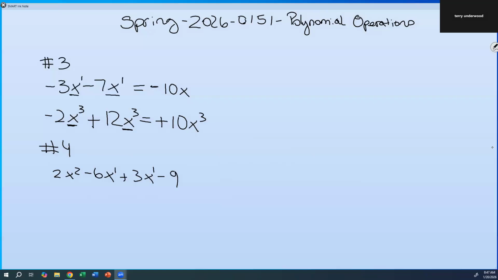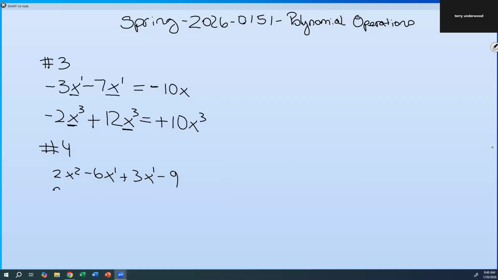The only like terms I can combine are the middle terms, negative 6x plus 3x, because both have the same variable, the same letter, and both x's are raised to the first power.